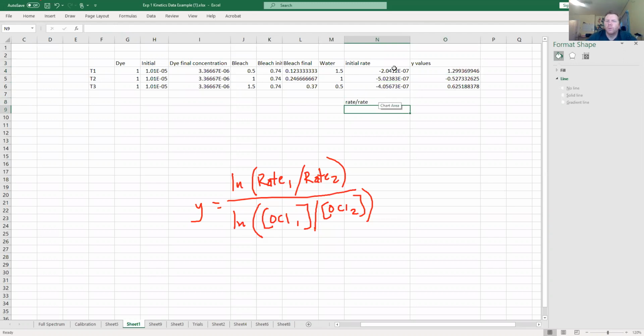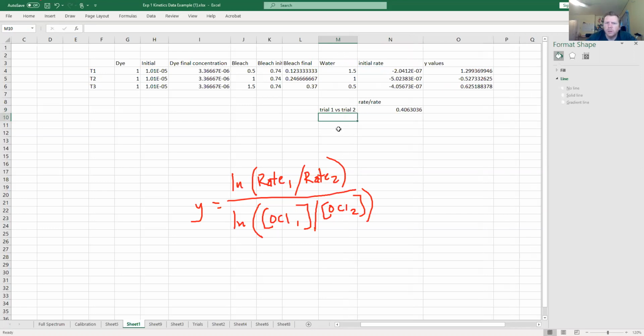Okay. Now, one way that I can do that is by setting equals this rate number 1 divided by initial rate for trial number 2. Then this is trial 1 versus trial 2. You can go ahead and expand this a little bit.